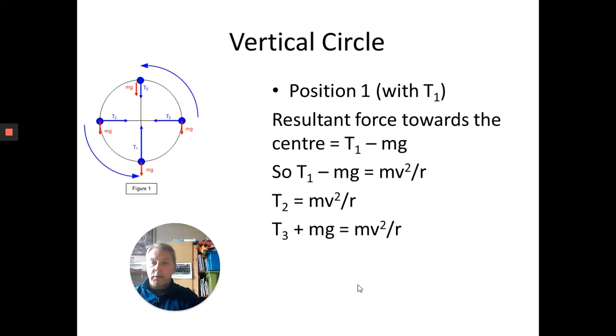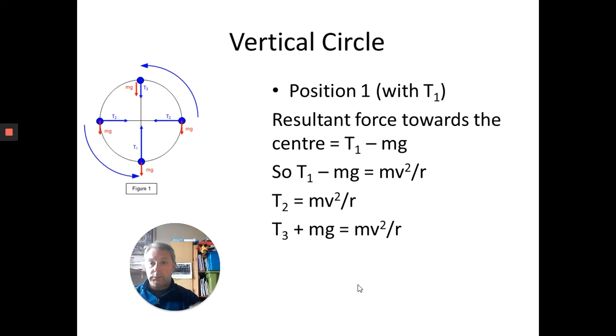Now, if in all the situations it's going at the same speed all the time, your object going round in a circle, mv squared over r is always the same value. mg is always the same value. So the values of T1, T2 and T3 are what are changing as it's moving around.